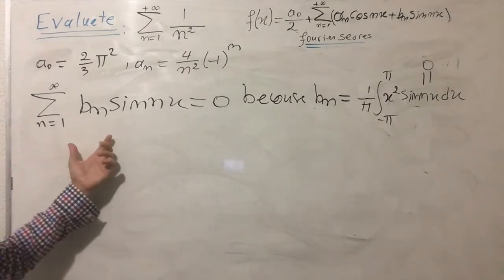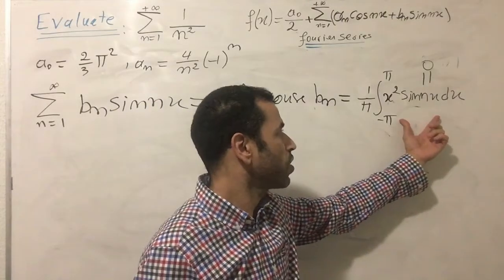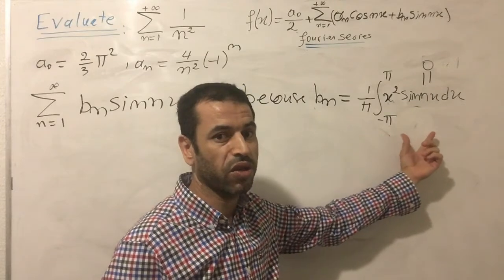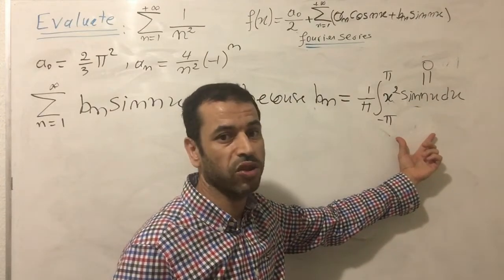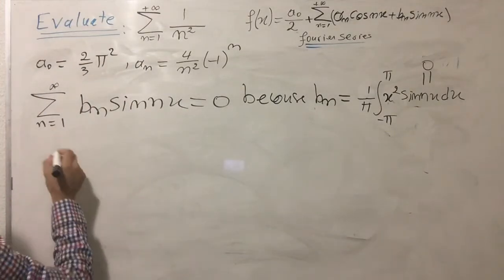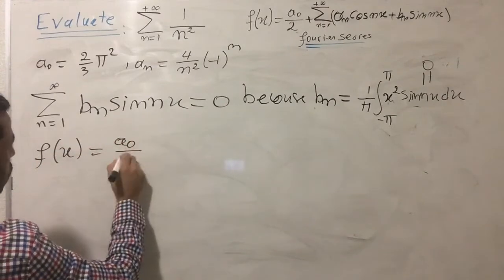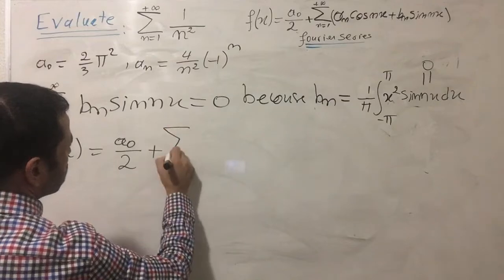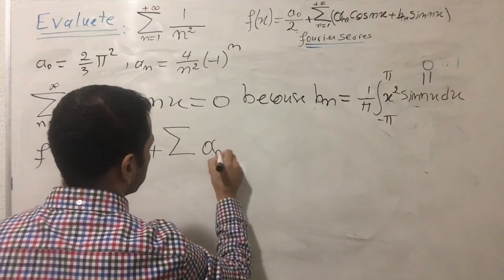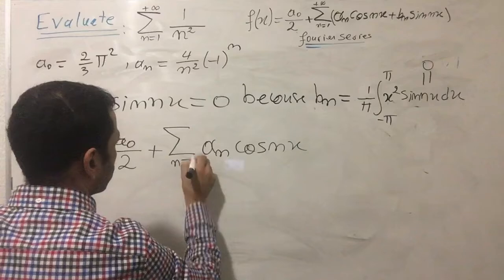We have the sum of b sub n multiplied by sine nx equal to 0 because x squared multiplied by sine nx is an odd function. That's why this integral equals 0 as a periodic function. So now what's left? We have f of x equals a naught over 2 plus the sum of a sub n multiplied by cosine nx as n goes from 1 to infinity.